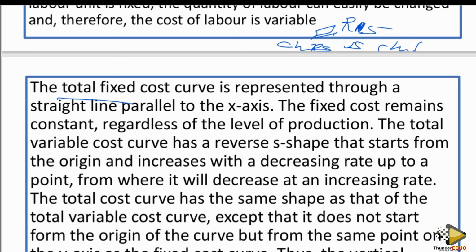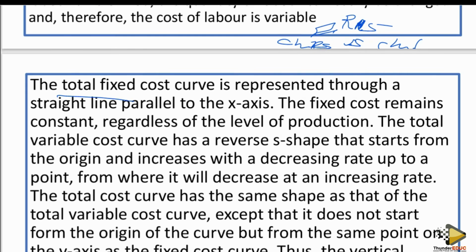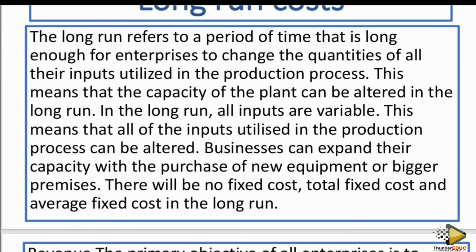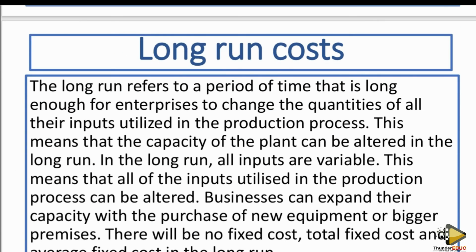The total cost curve has the same shape as the total variable cost curve, except that it does not start from the origin, but from the same point on the y-axis as the fixed cost curve. Thus, the vertical distance between the fixed cost curve and the total cost curve will always be equal to the fixed cost. I did explain the long run costs as well.